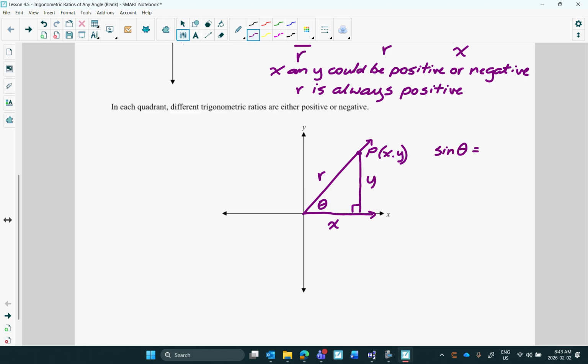Sine theta is y over r, which is a positive value over a positive value. Cosine theta is x over r, and in quadrant 1, that's positive number over positive number, and tan is y over x, both of those are positive.